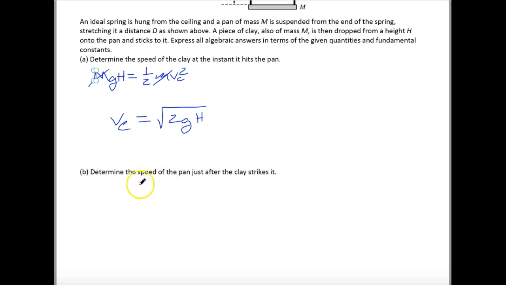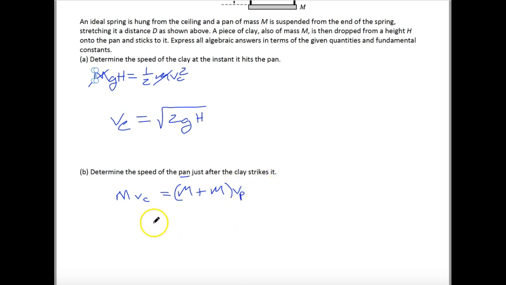For letter B, determine the speed of the pan just after the clay strikes it. Here we know that the momentum has got to be conserved. So we will have big M times the velocity of the clay equal to the mass of the pan plus the mass of the clay, and because they have the same mass we can do that, times the velocity of the pan.